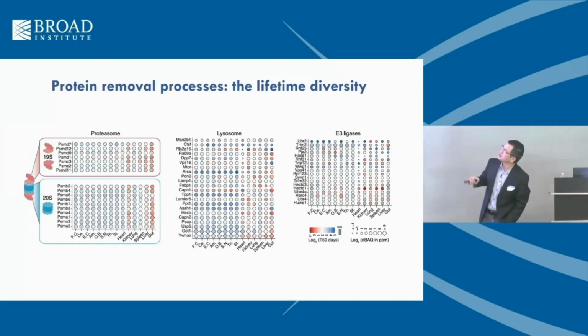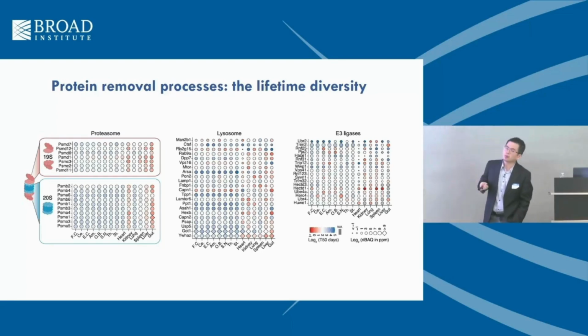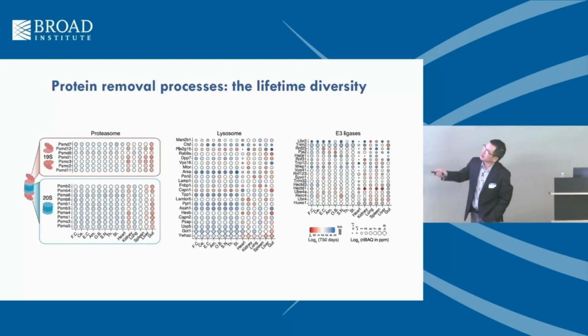Here you can see we zoom in on some important protein sets with this heatmap plot. Basically, these are the protein removal processes. We can see that proteins related to the proteasome are quite tightly regulated for both abundance and turnover across these mouse tissues. For the lysosome, you can see that their abundance range is much more variable, and the lifetime is also quite different compared to the proteasome.